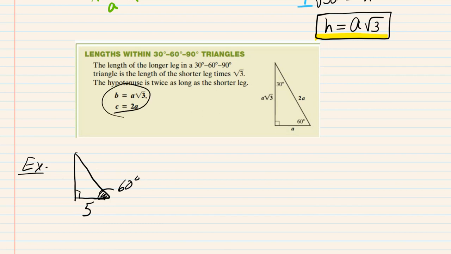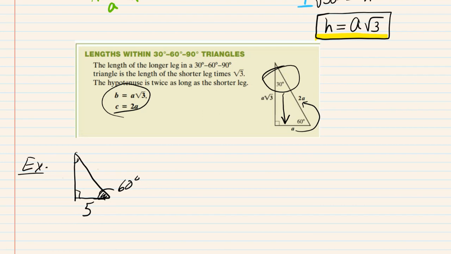First of all, the side opposite 30 degrees is going to be half the hypotenuse, or the hypotenuse is twice that.